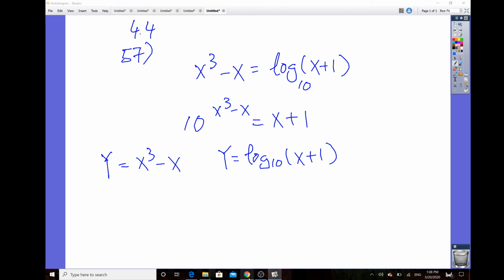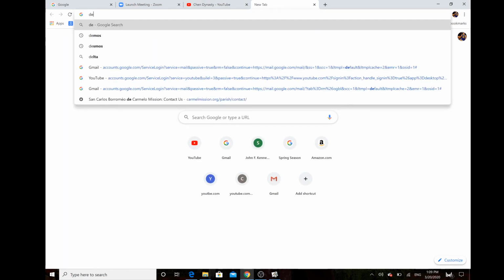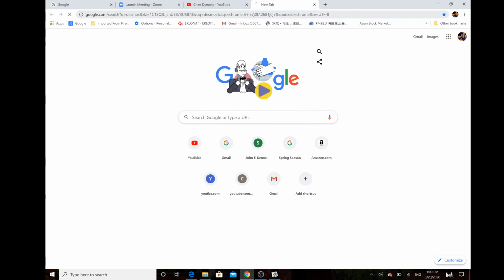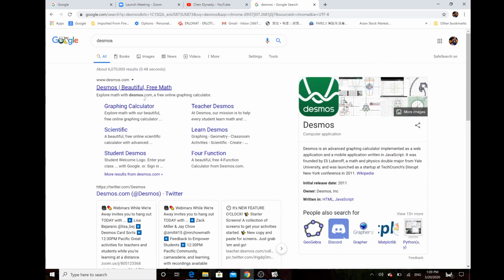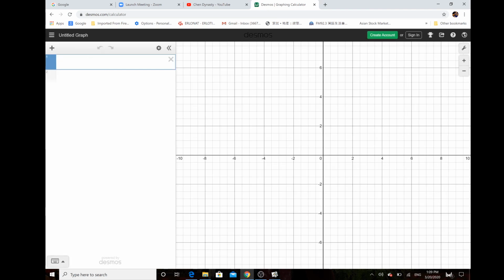Let me turn on the calculator right here. Now you want to go to y equals. On the left hand side, you want to type in 10 to the power of x to the power of 3 minus x.